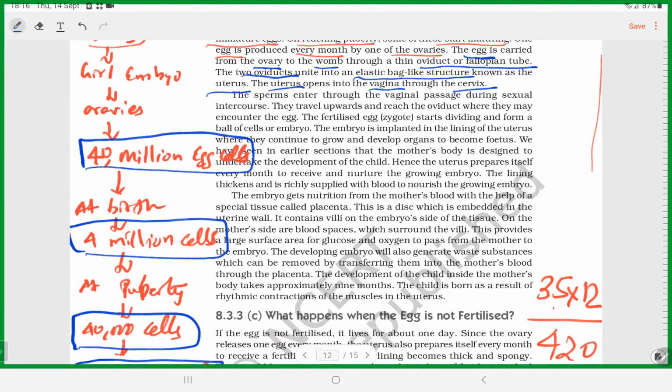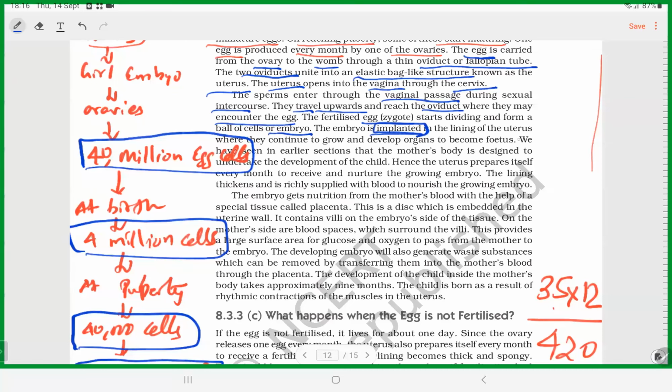The sperm enters through the vaginal passage during intercourse. They travel upward to reach the oviduct. There only fertilization can occur. After fertilization, the egg develops into a zygote and the zygote develops into an embryo. What is implantation?